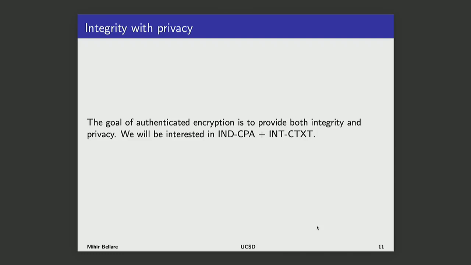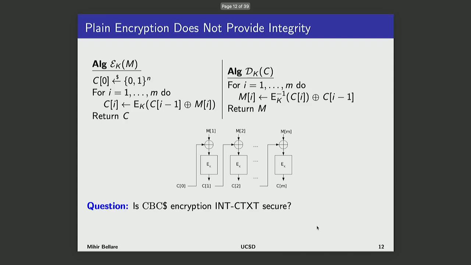So now, again, just to recall that we saw these two definitions, and what we're now interested in is getting both of them together. So let's now start looking at schemes and see how well they do, and thereby build up some intuition about integrity.